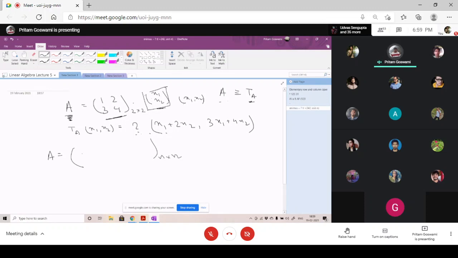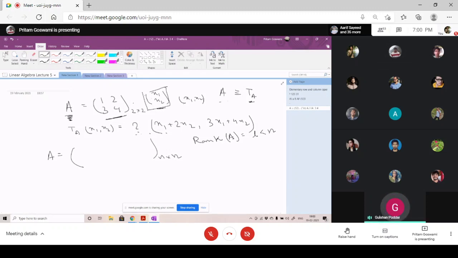I have not defined rank yet for matrices, but suppose the rank of the matrix is L, where L is strictly less than n. Now, what can you tell about the inverse of A? Is the inverse of A possible or not? Not possible. Why?